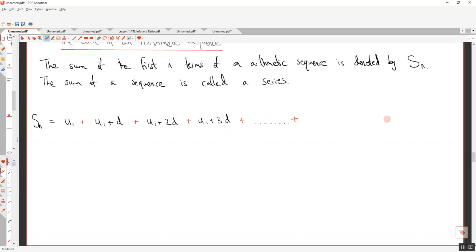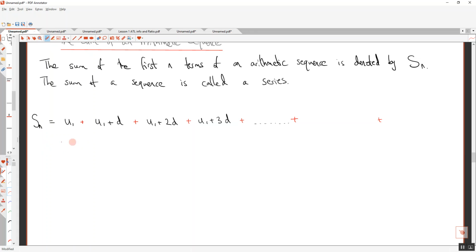U1 plus 9D, right? If it's U1 plus 9D, that means there's only how many terms? We're summing up to 10, right? So the sum of the first n terms is denoted by Sn. Sorry, I should say n, not 10. N for Norman. So how many terms is there?